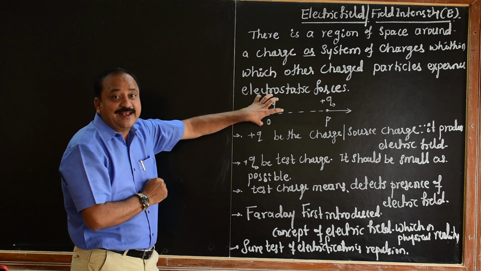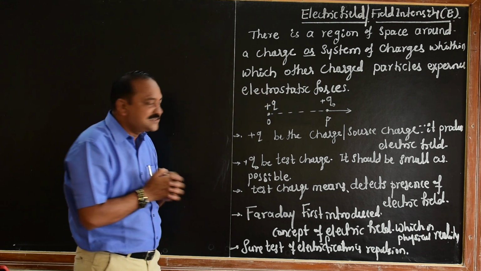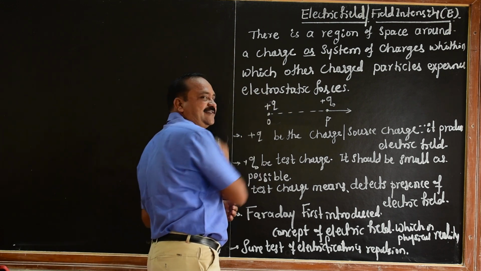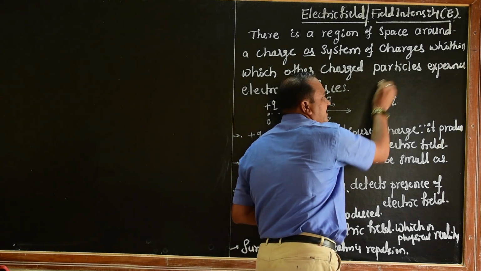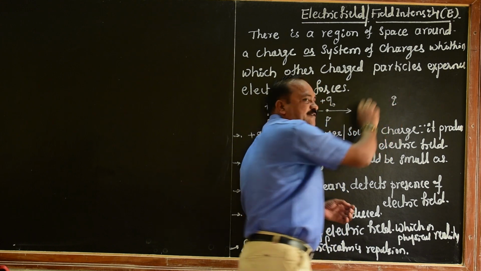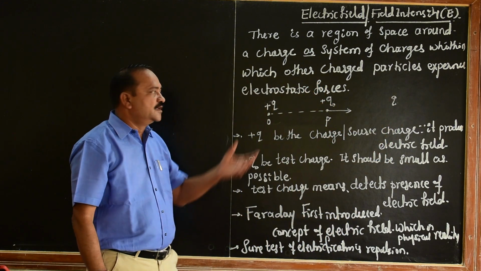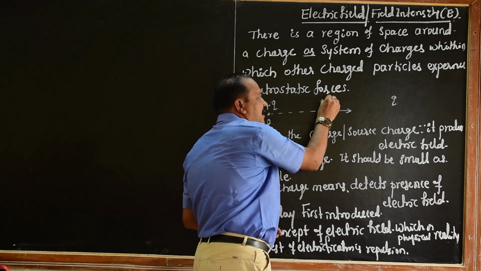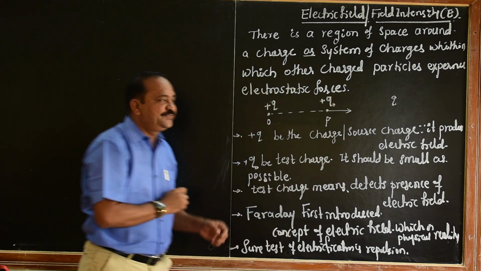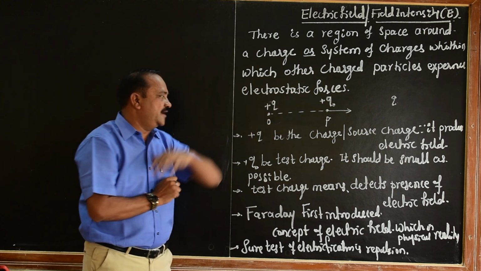It produces the electric field, obviously, because there is some space surrounded by this charge. So for some space surrounded by this charge, the electric field will be produced. Then this is the plus Q naught that I said, at point P.